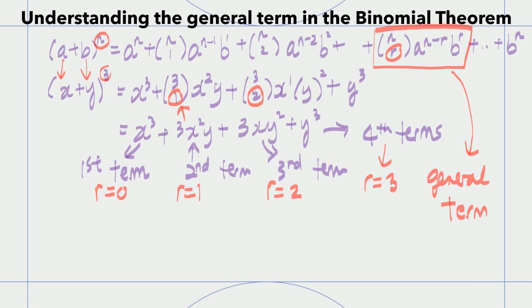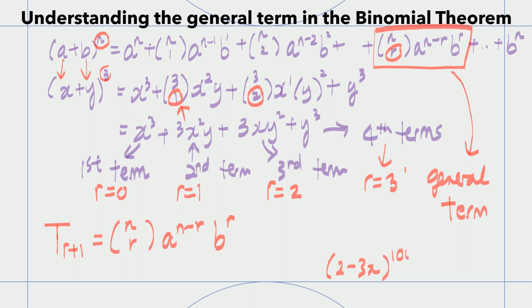So the general term, the formula to find the general term: let me call this particular term T. If you're going to find this term, the formula is nCr a^(n-r) b^r. So why do we want to use this general term? Supposing you're asked to expand (2 minus 3x) to the power of 100, and you just need the sixth term.